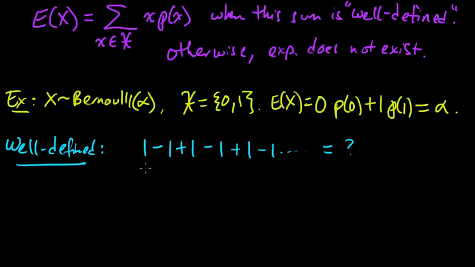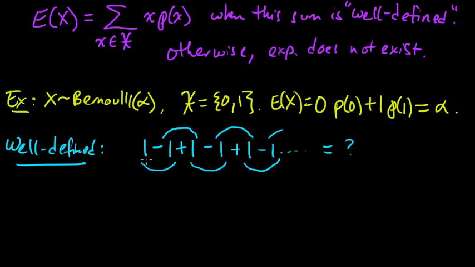Well, you might say, okay, I can group these. 1 minus 1 is 0, plus 1 minus 1 is 0, plus 1 minus 1 is 0. So that means the whole thing must be 0. But you might also say, this is 1, and then minus 1 plus 1 is 0, minus 1 plus 1 is 0, and so on.